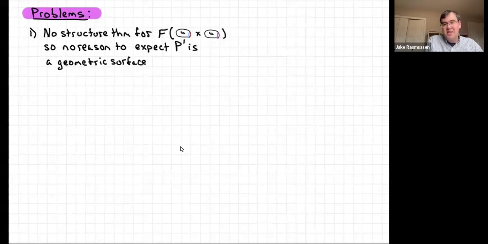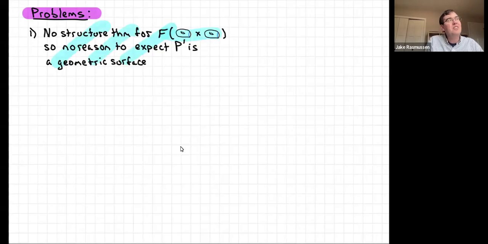Okay, so there are some pretty obvious problems here. The first problem is that in the curve case, we had this very powerful structure theorem that told us what the objects of the Fukaya category were and that they were actual nice geometric things that we could draw. There's no structure theorem for the Fukaya category of this product of two punctured tori.